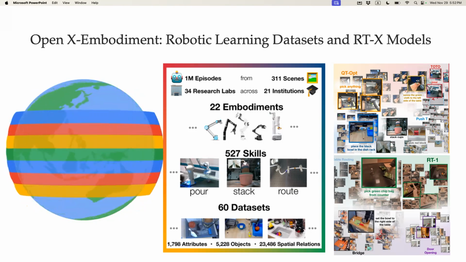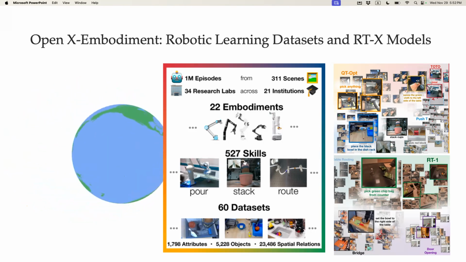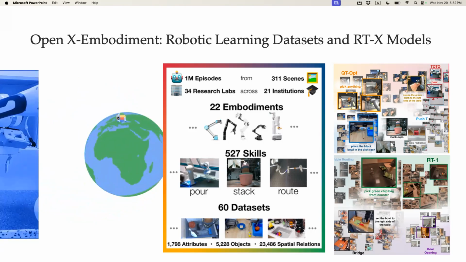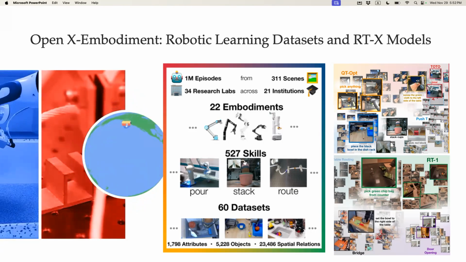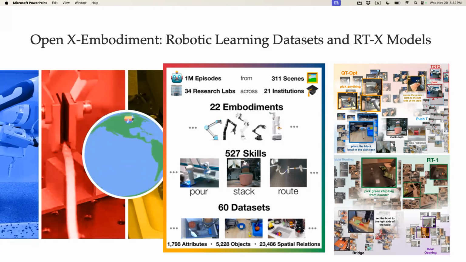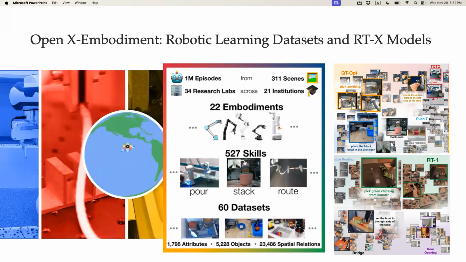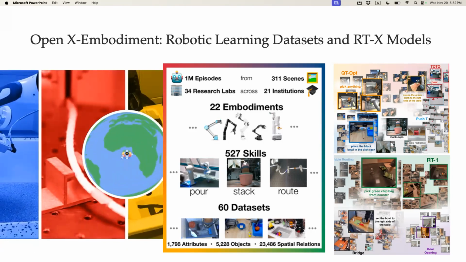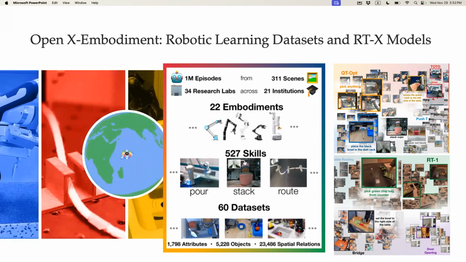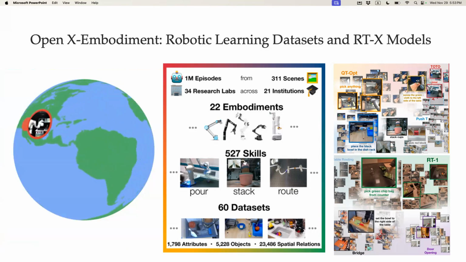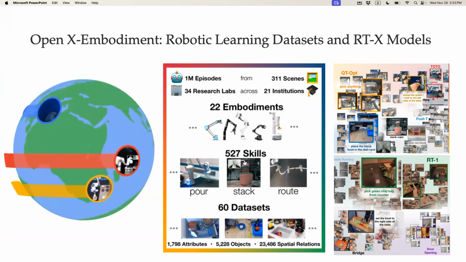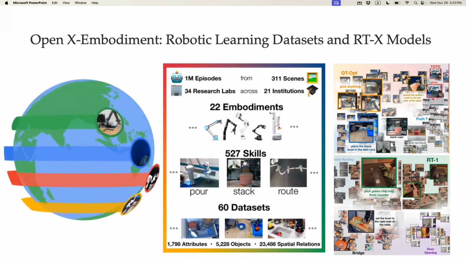So this is the RTX effort that Sadigh and folks at Berkeley and folks at Google and a number of labs have been contributing to. And the idea here is really trying to train a cross-embodiment model trained on robots of many different embodiments, many different skills, many different data sets, and have a single model that could get all of this diversity of robot data and then act as that foundation model.